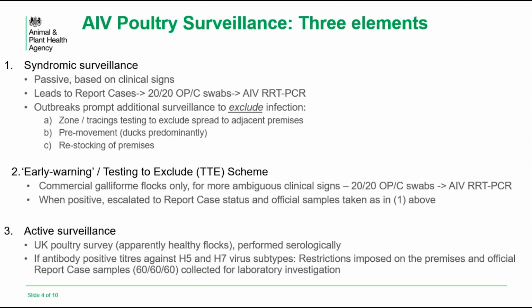So again, it's really looking for evidence of notifiable avian disease, past or present. Restrictions will then be imposed on the premises, and then again it becomes ramped up to an official reported case, but with greater numbers of swabs, front end and back end, and 60 sera as well, which are then checked out in the laboratory.